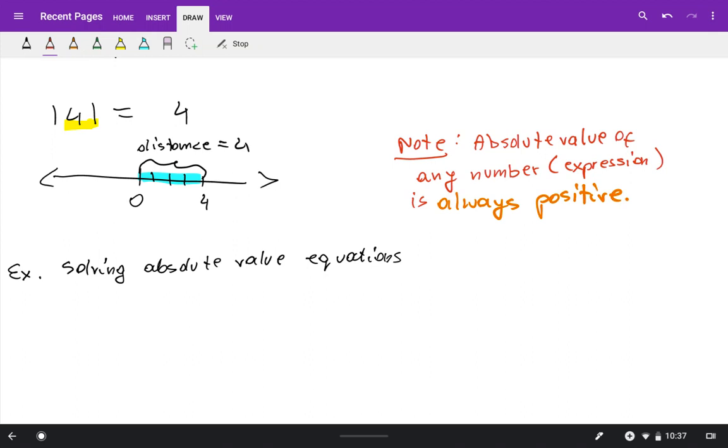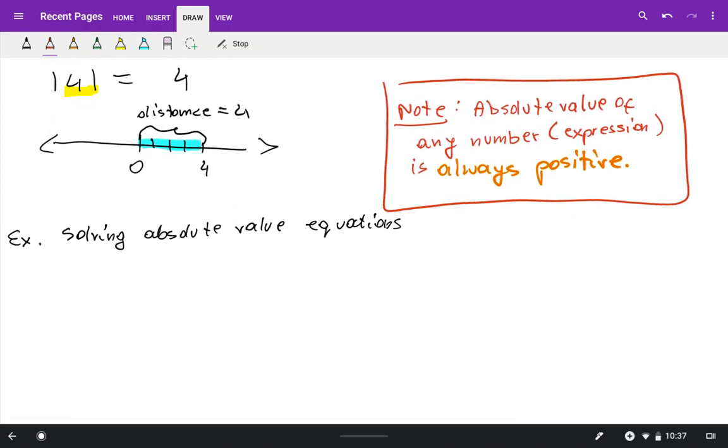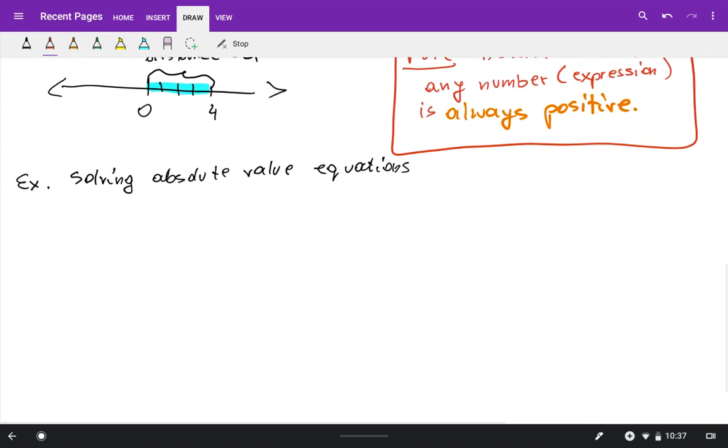Okay, very important. So here in this example, I will show you 3 simple examples of solving equations with absolute value. So the first one is going to be absolute value of x equal -7. So that's the first type. Something like this has no solution. This equation has no solution.